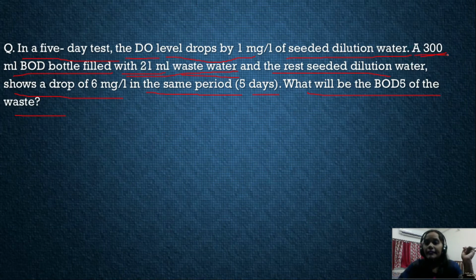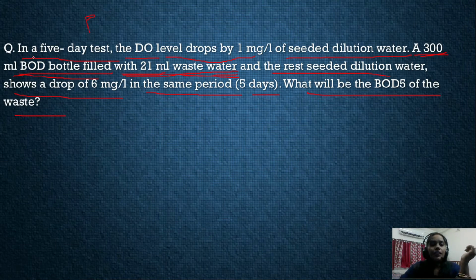From this clue, you can get the value of P. Can you remember the P value? Yes, the dilution factor. From this data, you can calculate the value of P. Next, we will see what other data are given.